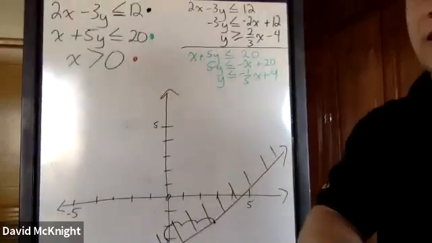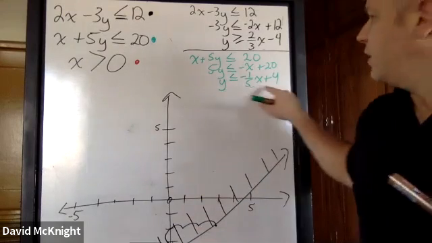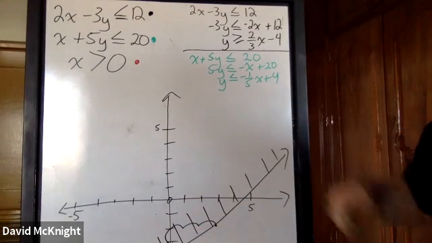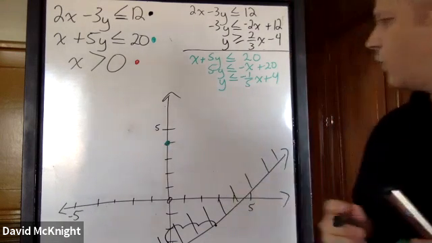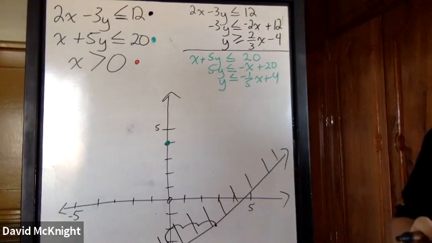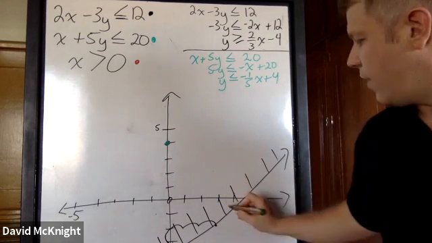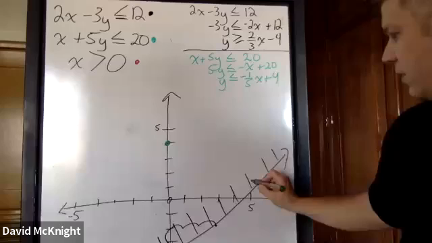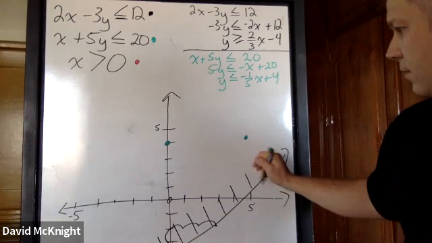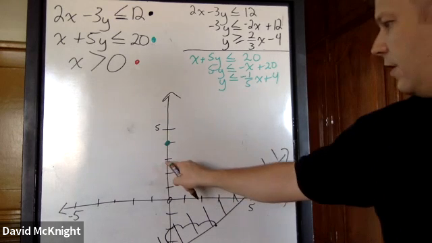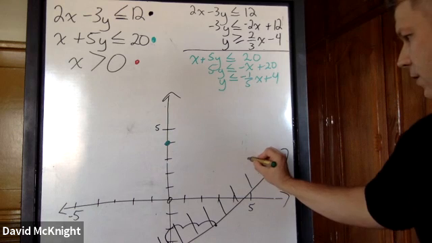Let's take a look at the other one that we isolated. Our starting point here is at 4. So I can go ahead and find that, which is right here. The slope is going to be negative, and the rise over run is down 1 and then over 5. So down 1 over 5 gets me out to about here.